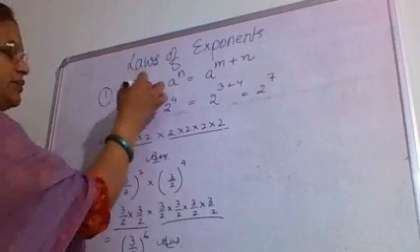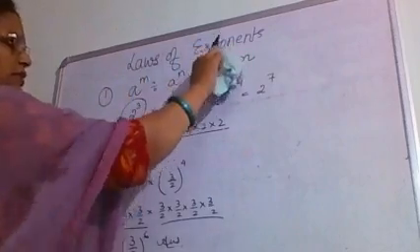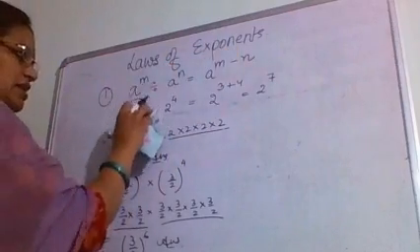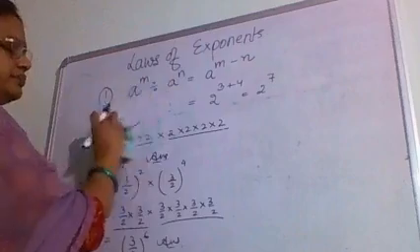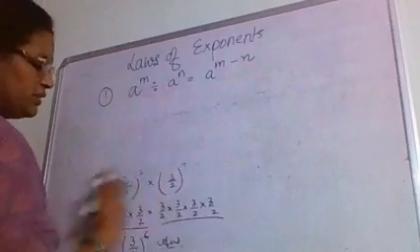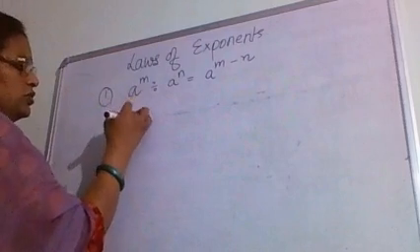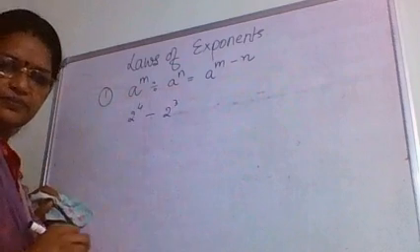Let us suppose this is a divide sign. So this will be subtracted. I will take the same example, students. Here I will write down 2 raised to power 4 divided by 2 raised to power 3.